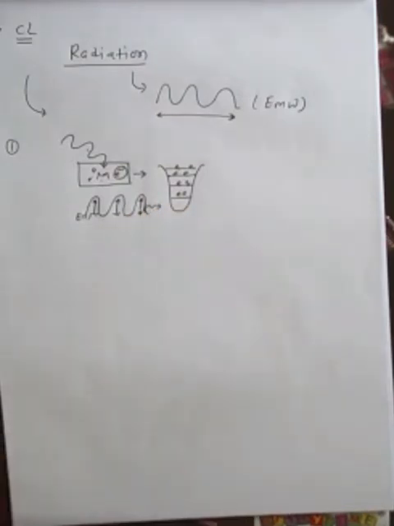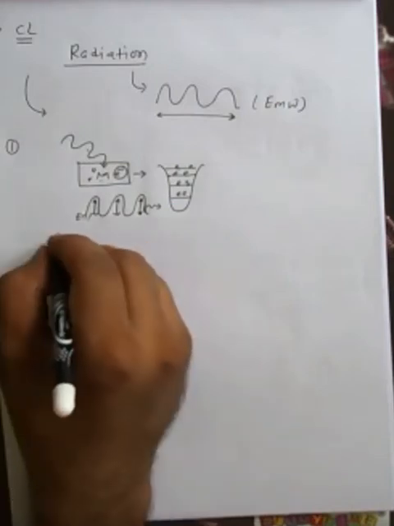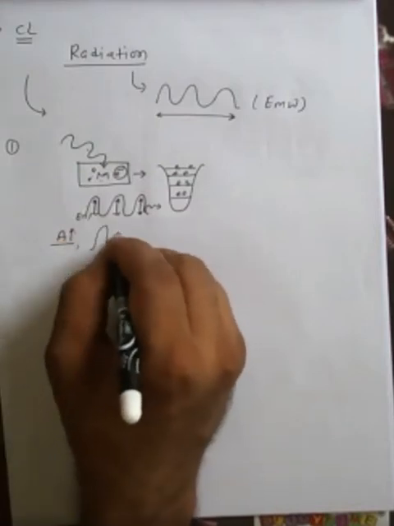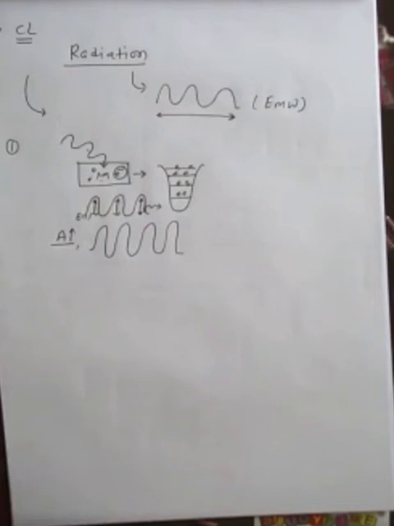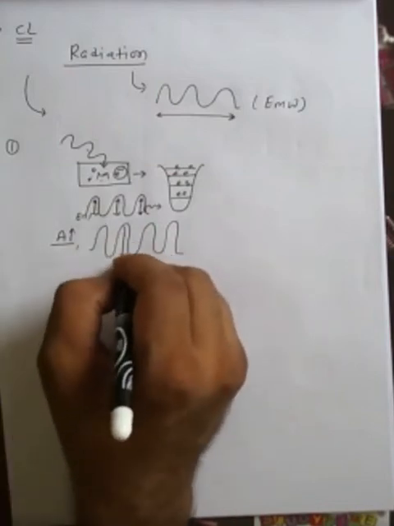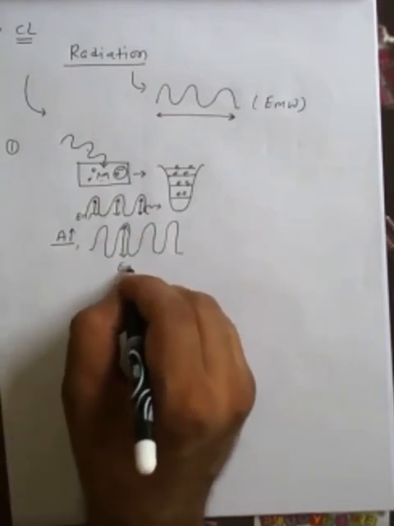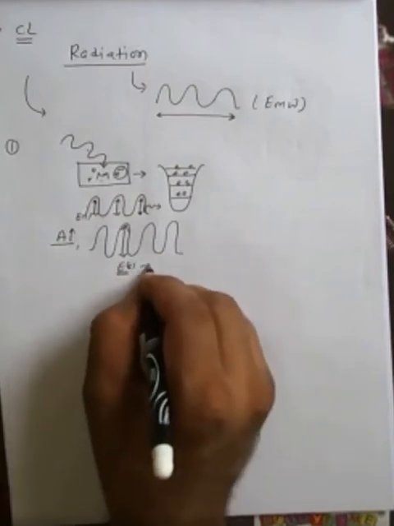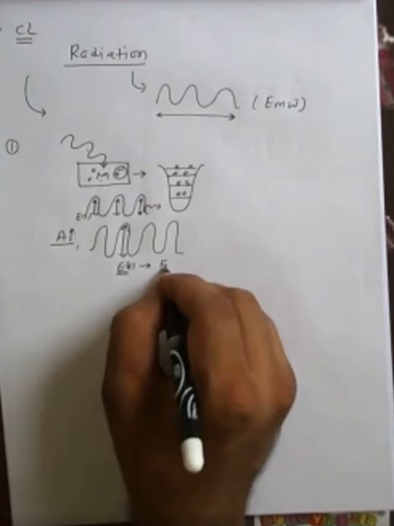They will re-emit radiation of the same frequency. But if we increase the amplitude of the wave, the electric field component is increasing. Strength of the electric field increasing means the force on the electrons is increasing.